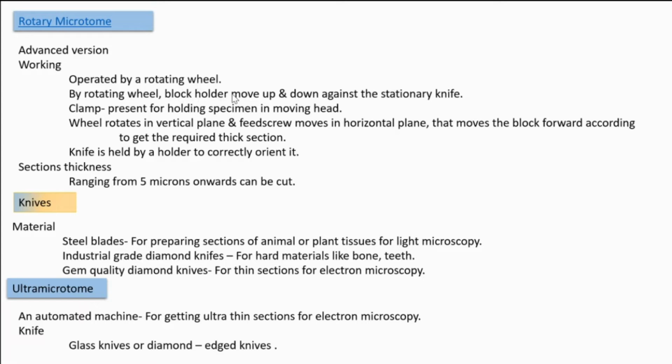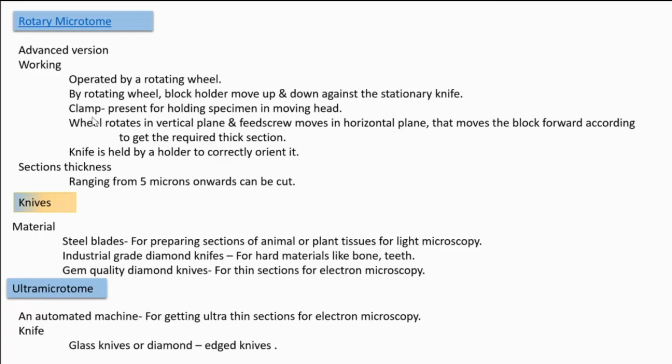That block holder moves up and down against a stationary knife. So here also the specimen is moving. The specimen does not stay stationary in the rotary microtome either.